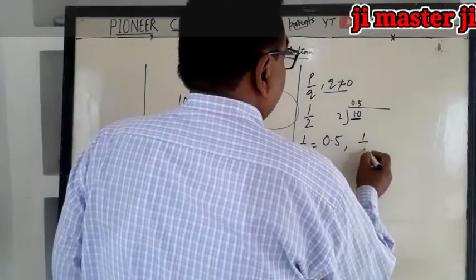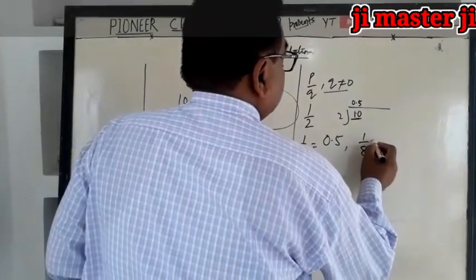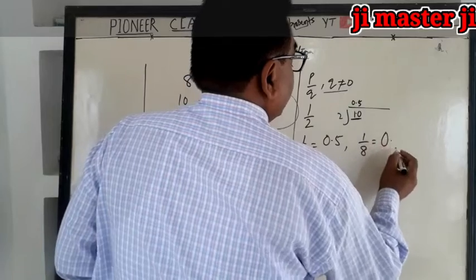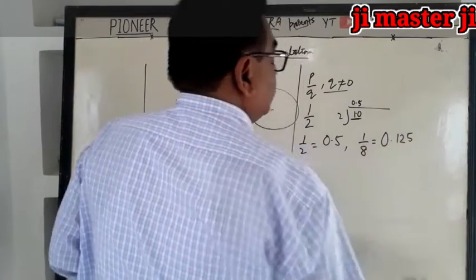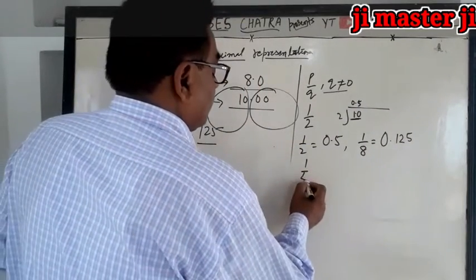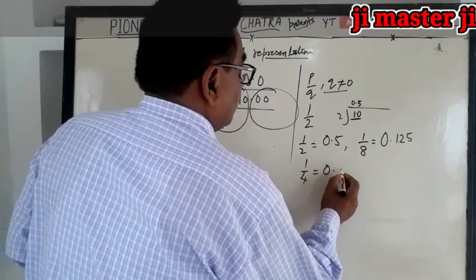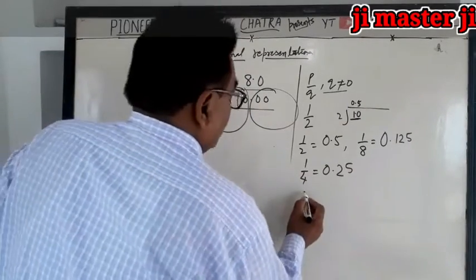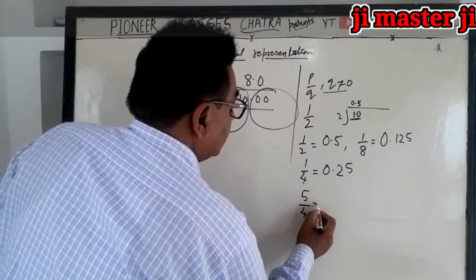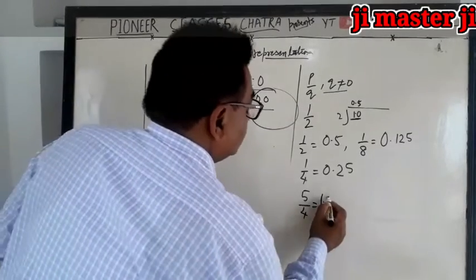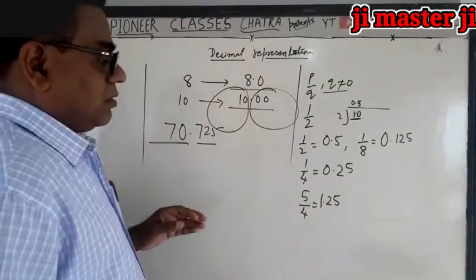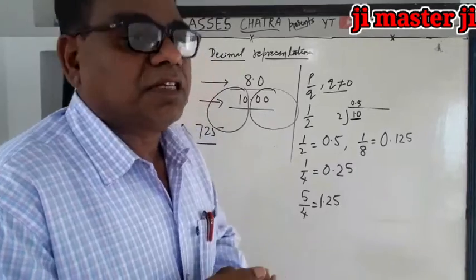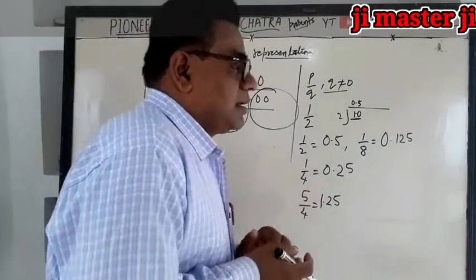We can express 1 by 8 as 0.125, 1 by 4 as 0.25, 5 by 4 is equal to 1.25. So these are the decimal representations of a rational number.